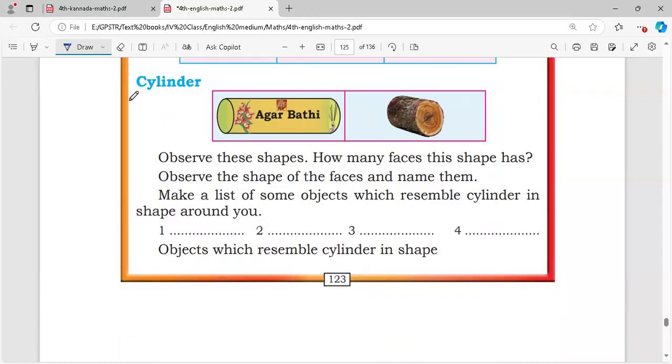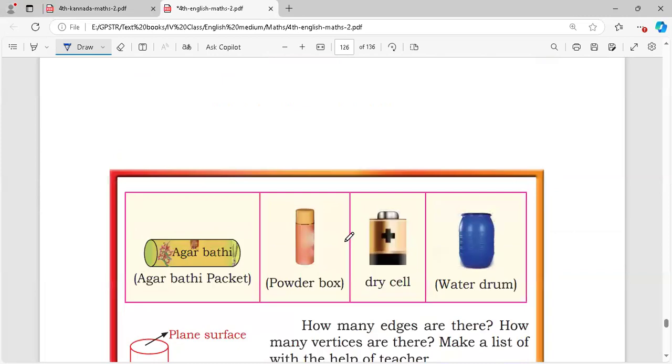Cylinder. Agarbatti wood, PVC pipe, polyvinyl chloride pipe, or any other pipe. List some you like.